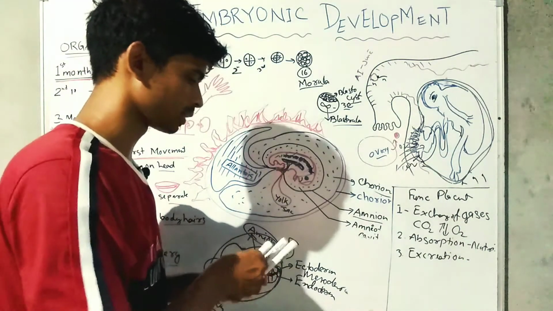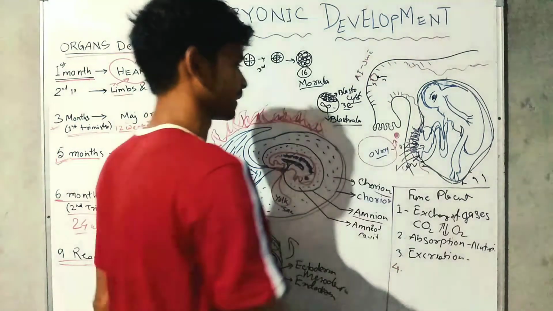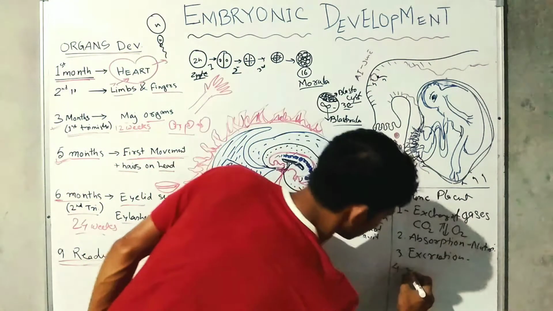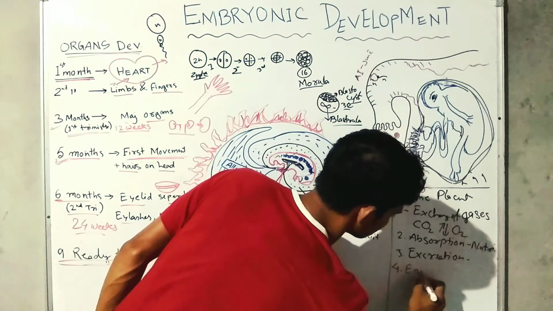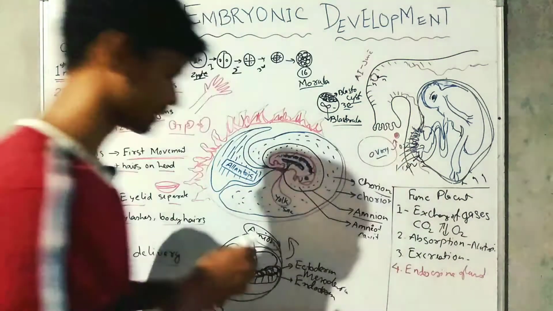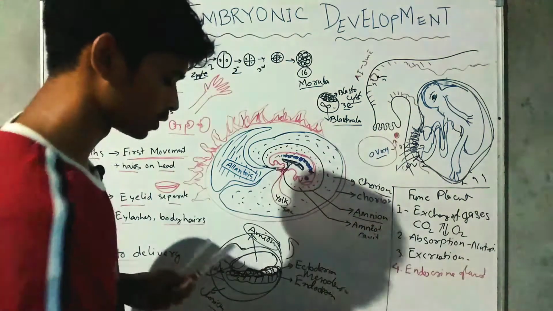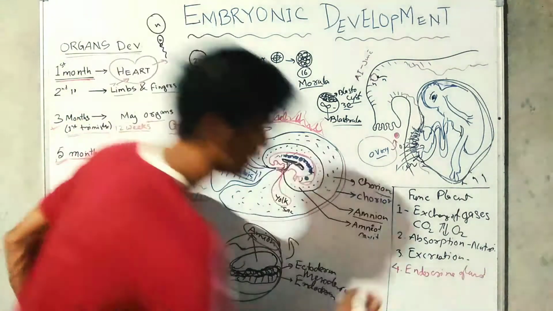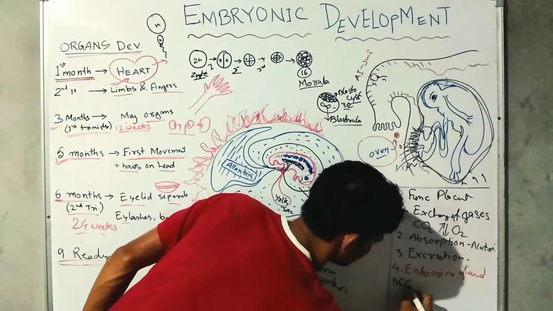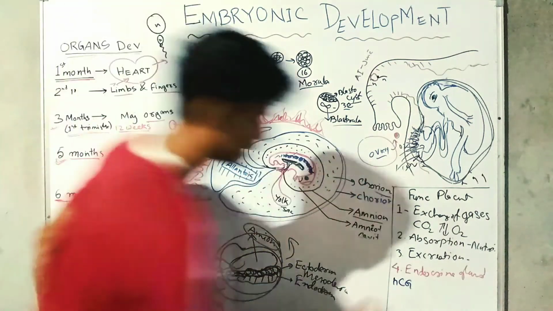Another one, major and very important, so I'm writing in red color. It will act as an endocrine gland. So it will act as a gland also, and it will form some hormones. So what are the hormones made by the placenta? HCG, human chorionic gonadotropin hormone.